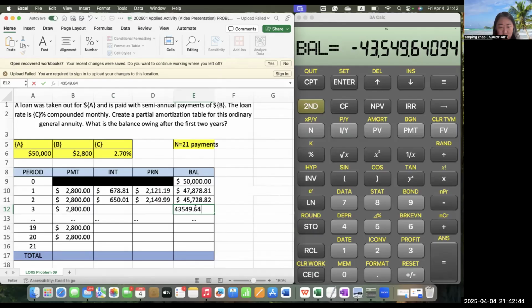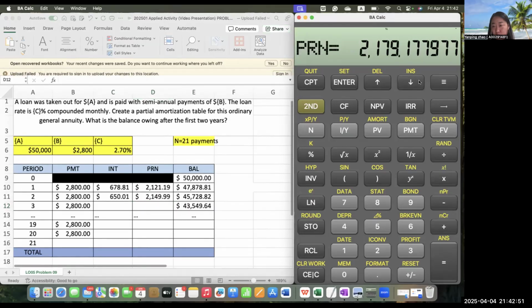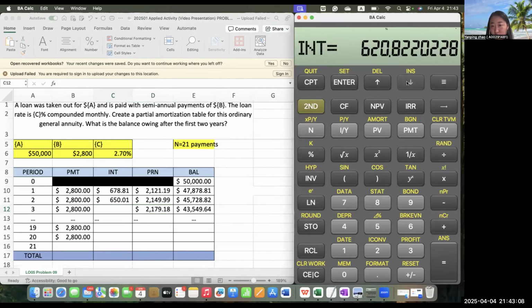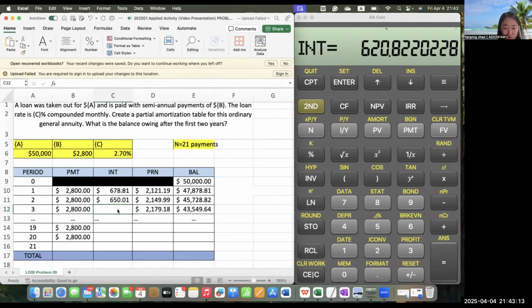Press the arrow, we got the principal 179.8. There's the interest 82.